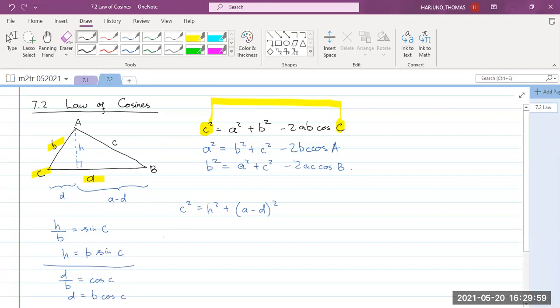So C squared equals B squared sine squared C plus (A minus B cosine C) squared.